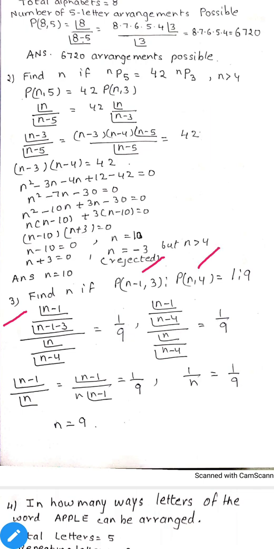P(n, 4) is equal to factorial n upon n minus 4 factorial. We can arrange it like this: n minus 1 factorial upon n minus 4 factorial, times n minus 4 factorial upon factorial n. This n minus 4 factorial is cancelled out. What do we get? N minus 1 factorial upon n factorial is equal to n minus 1 factorial upon n into n minus 1 factorial. That will on cancellation give us 1 upon n is equal to 1 upon 9, and n is equal to 9 is the given answer.